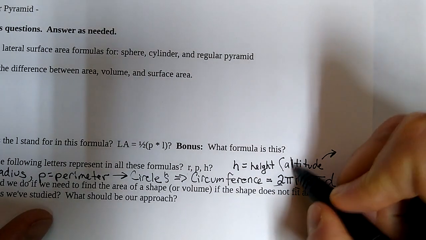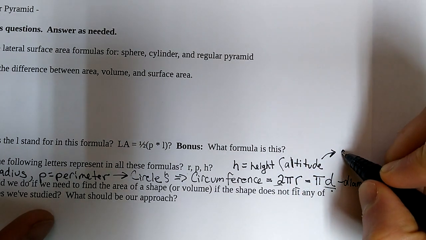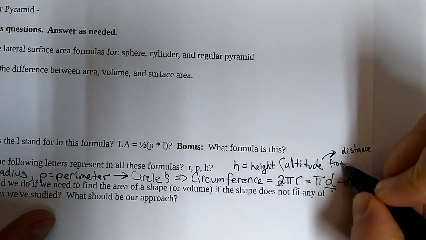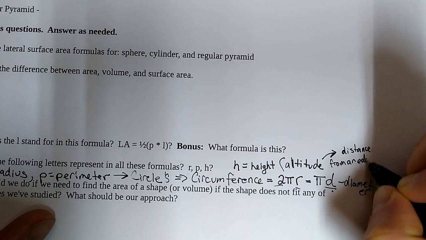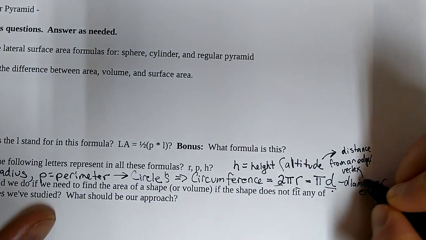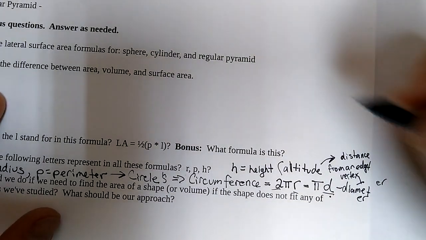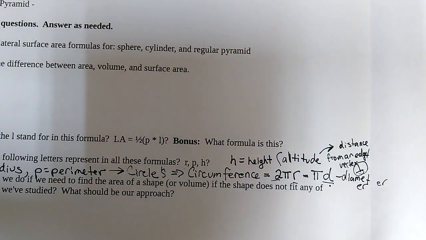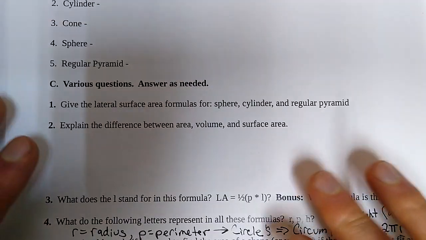Remind yourself, an altitude is a distance from an edge or a vertex perpendicular to the opposite side. Okay, and so that perpendicularity is key. In order to have a height in these formulas, we have to have what is actually an altitude. It has to be perpendicular to something else in the shape.